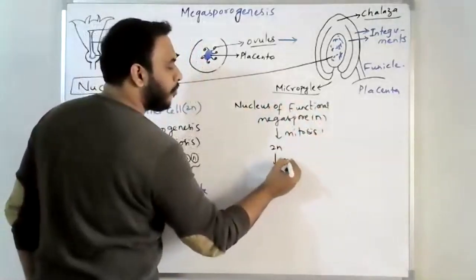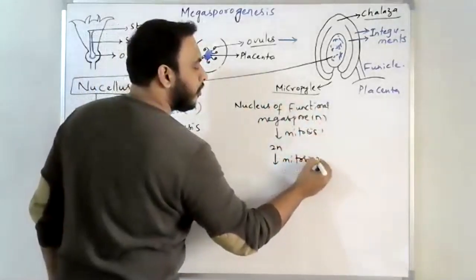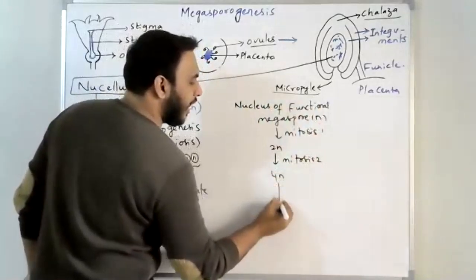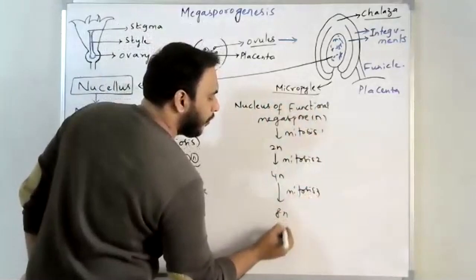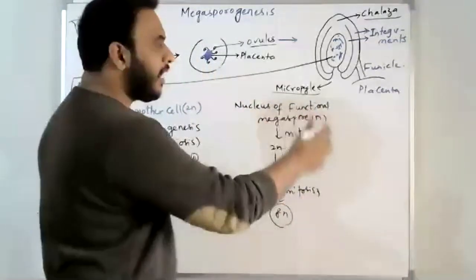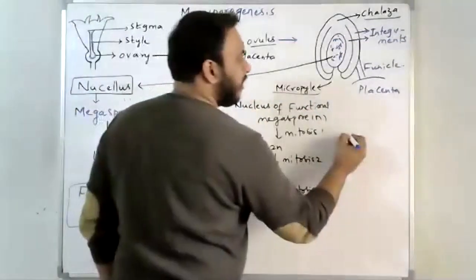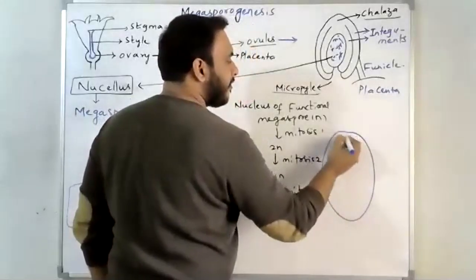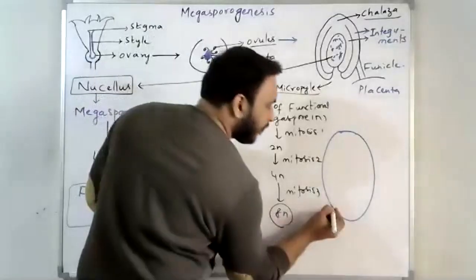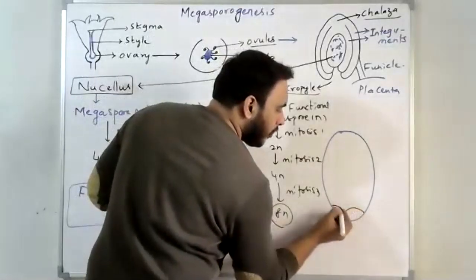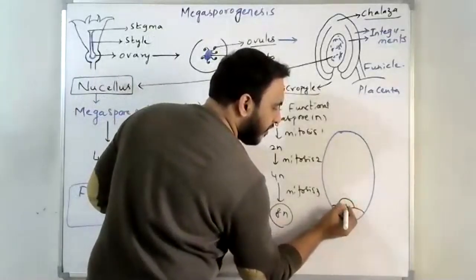It further continues with mitosis 2 and becomes 4 nuclei. And further it undergoes mitosis 3 and becomes 8 nuclei. These 8 nuclei are arranged into 7 cells in 3 groups. First, 3 cells.